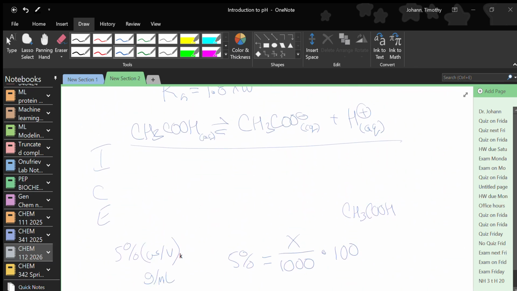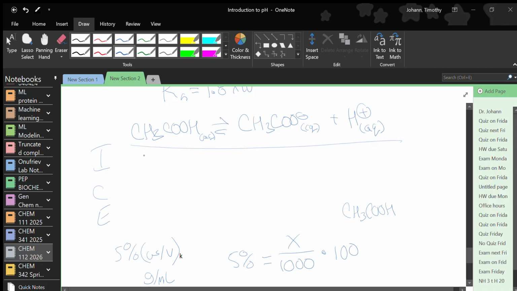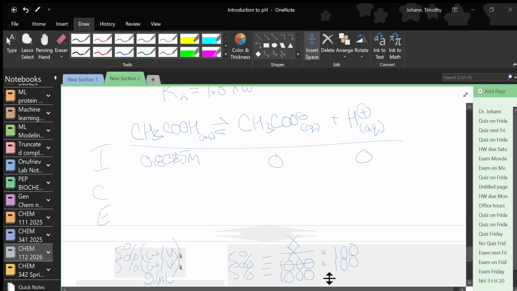All right, so now we can do our ice table, because we have a concentration. So we have 0.8325 molar as our starting concentration of acetic acid, and we start with 0 of the other two. I'm going to erase my acetic acid here so I can move the rest of this stuff down out of the way.